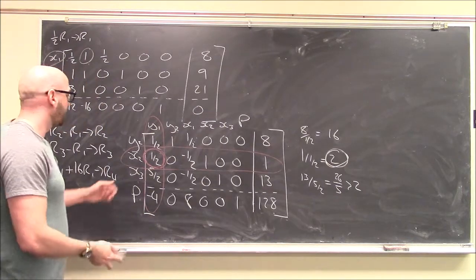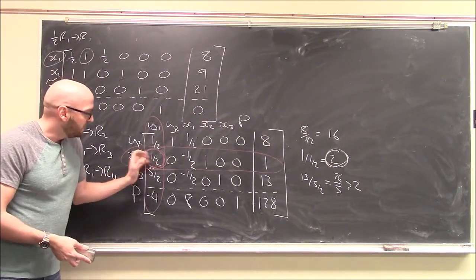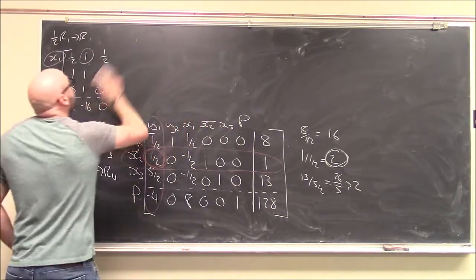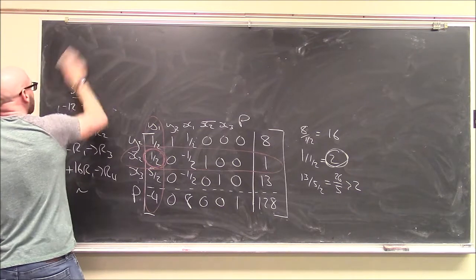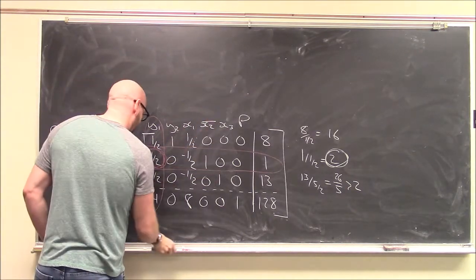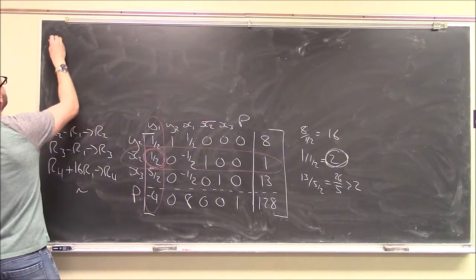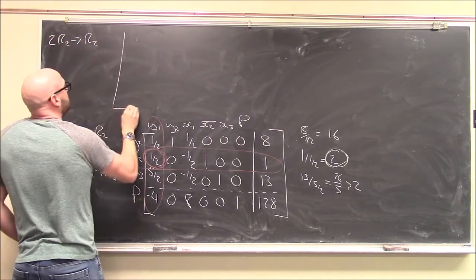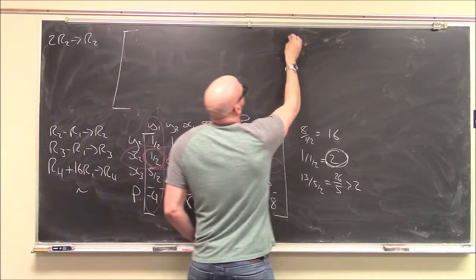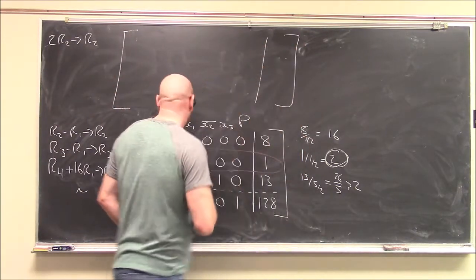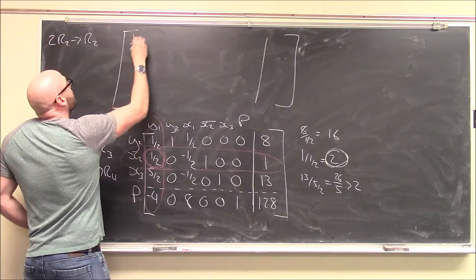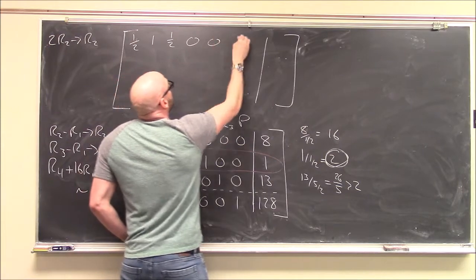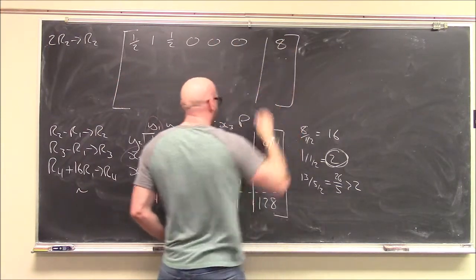So we'll go through the same process. First thing I want to do is rescale this to a 1. So multiply this whole row by 2. We'll just continue above here. So we're going to do 2 times row 2 becomes our new row 2. Copy down row 1, 1/2, 1, 1/2, 0, 0, 0, and 8.